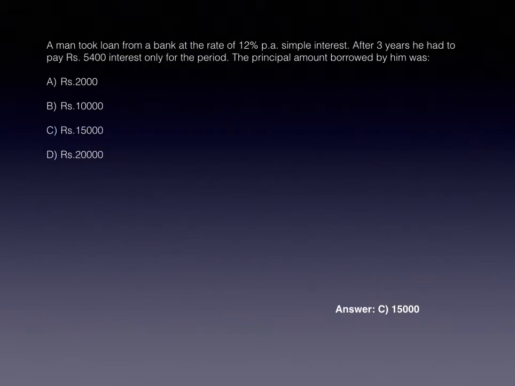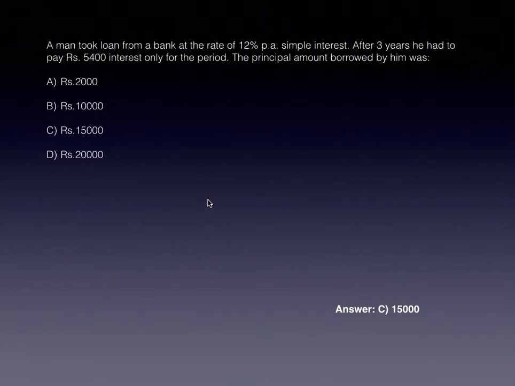Now the fourth question. A man took a loan from a bank at the rate of 12% per annum simple interest. After 3 years, he had to pay rupees 5,400 interest only for the period.